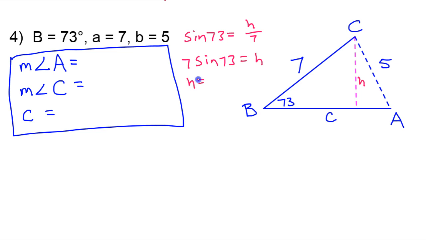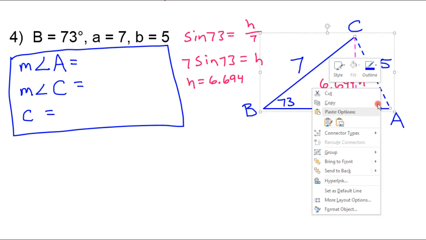So the height is 6.694. So the question is, can I make a triangle at all? Now, my swing side over here is only 5 units long. So we are not going to be able to make a triangle.